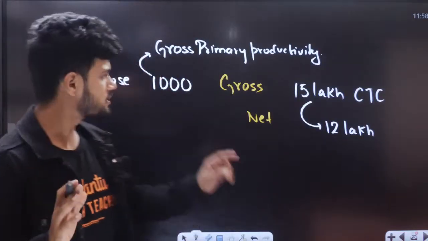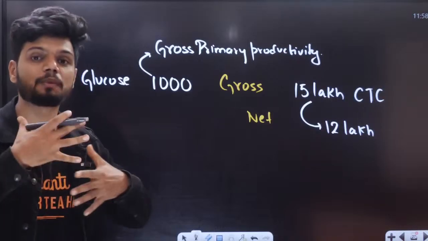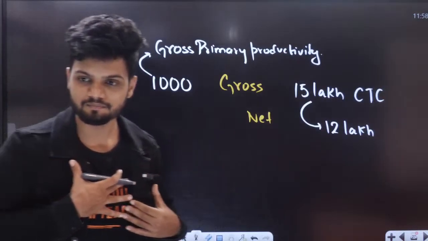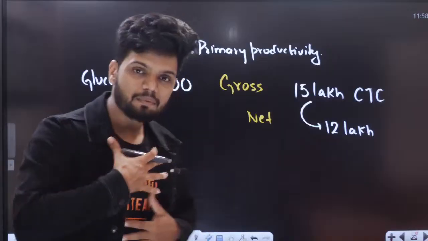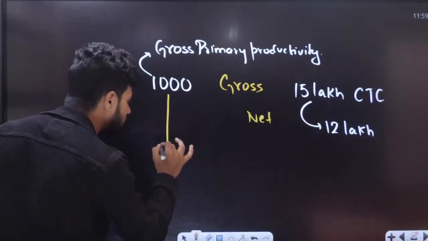No. Out of this 1,000 molecules of glucose, 90% will be used by plants. For example, I am a plant now. I will take 90% of these 1,000 molecules.